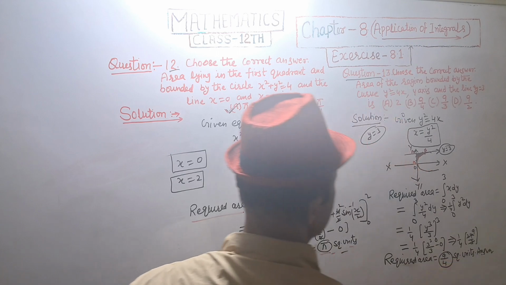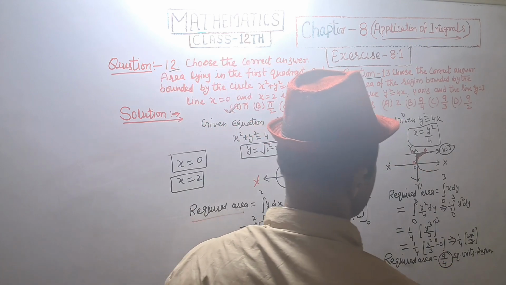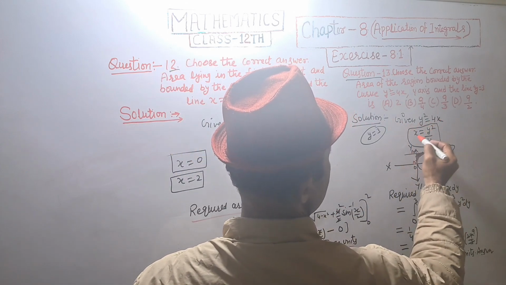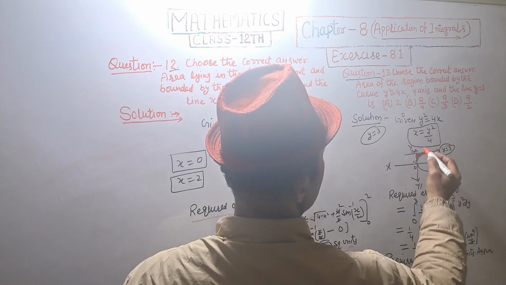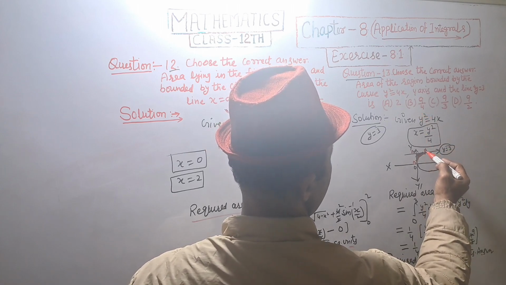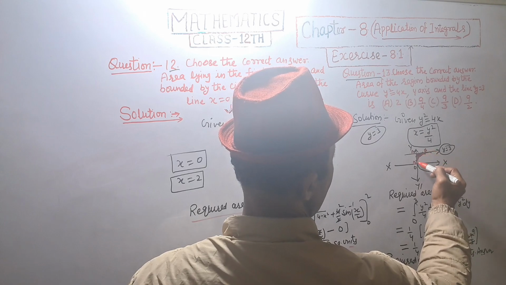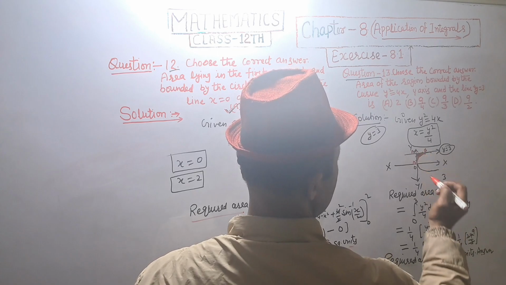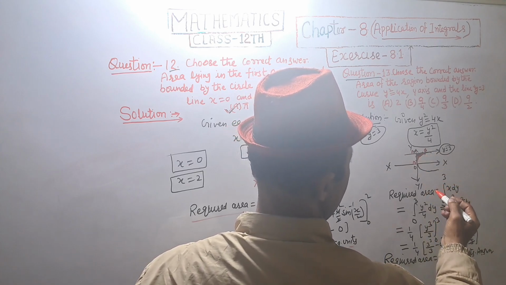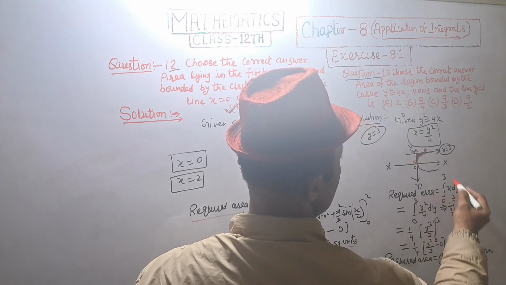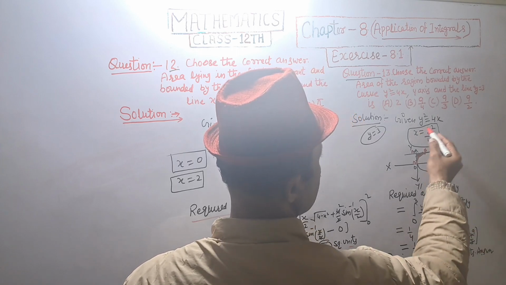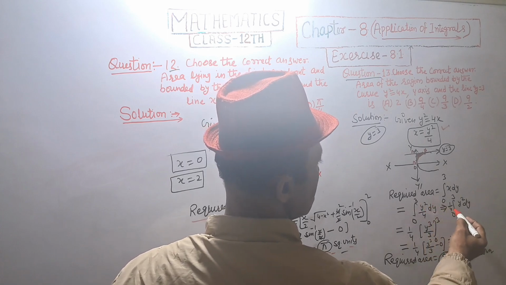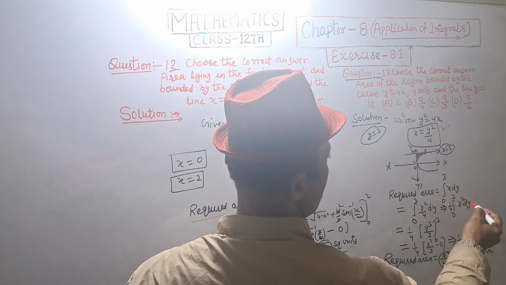Answer. Given y square is equal to 4x and x equal to y square upon 4, draw a parabola. Y is equal to 3, 0 to 3 and required area equal to limit 0 to 3 x dy. X is equal to y square upon 4 and 1 upon 4 is common. 0 to 3 limit y raised to power 2 dy.